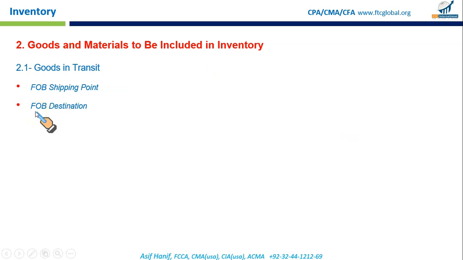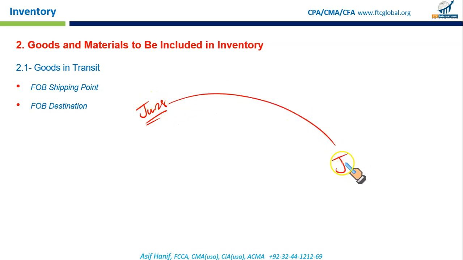If the agreement is FOB destination, in that case, title passes to the buyer when the buyer actually receives the goods from the shipping company, right? So the goods remain the property of the seller while they are in transit. Let's take an example again to grasp the concept. Let's say the goods shipped on June 28th under FOB destination arrive on July the 2nd.